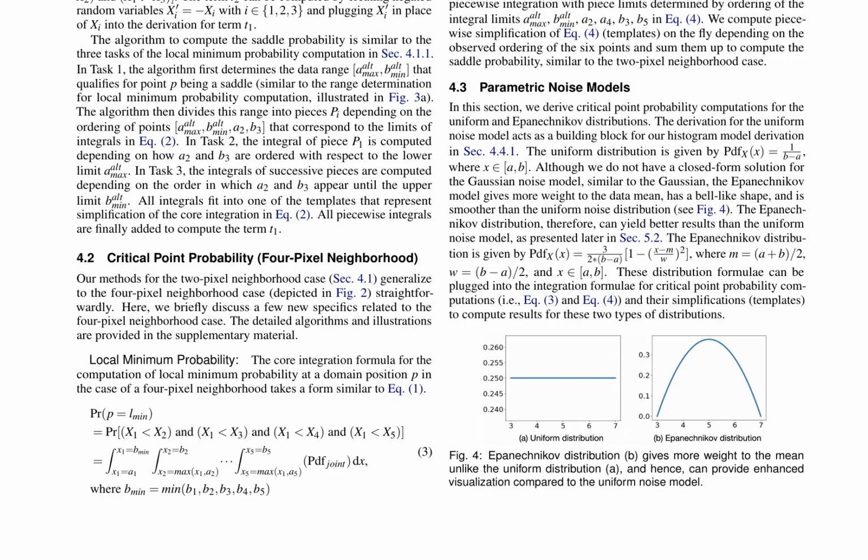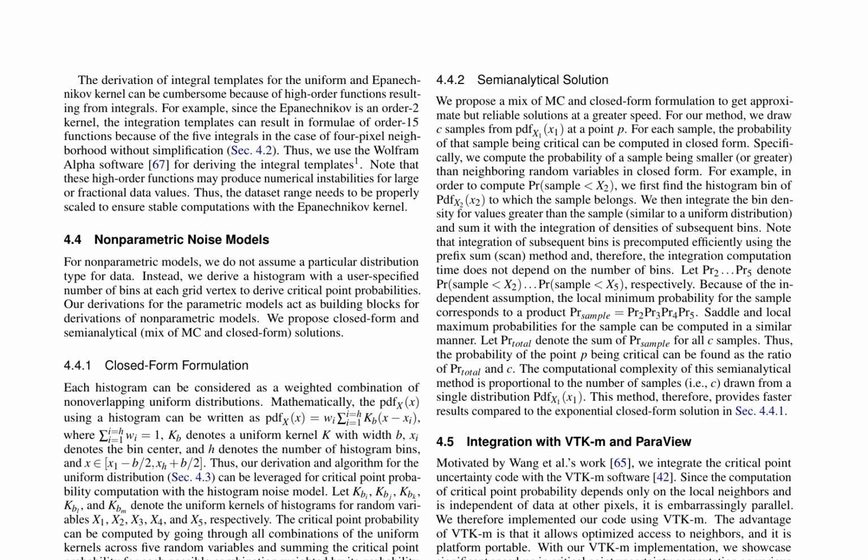The term T1 can be computed using the core integration formula, which involves integrating PDF_joint over the support of x1, x2, and x3. Extending these calculations to the 4D domain, local minimum probability in the 4-pixel neighborhood case can be computed using a similar core integration formula, which involves integrating PDF_joint over the support of x1, x2, x3, x4, and x5.